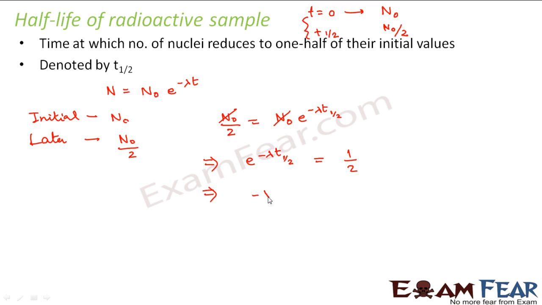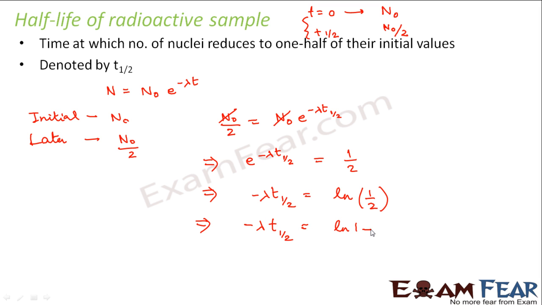So from this we can say minus lambda T half is equal to ln 1 by 2, because if you take log on both sides to remove this exponent, you get this. Now minus lambda T half is equal to ln 1 minus ln 2. Now ln 1 is equal to 0.